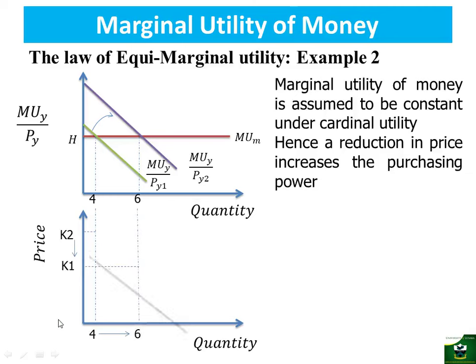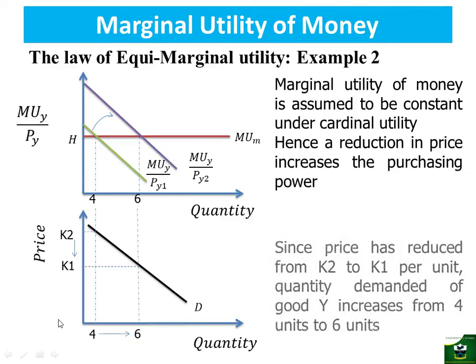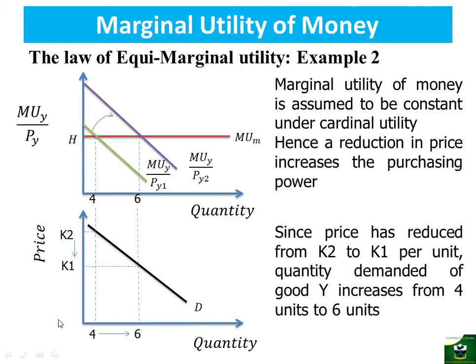Joining these points gives us the demand curve for good Y. So since price has reduced from 2 to 1 per unit, quantity demanded of good Y increases from 4 units to 6 units. So we see that there's a movement down in reduction of price and then quantity increasing.